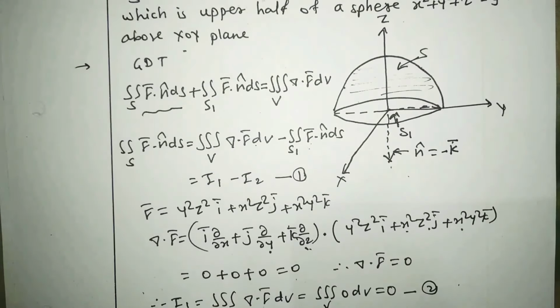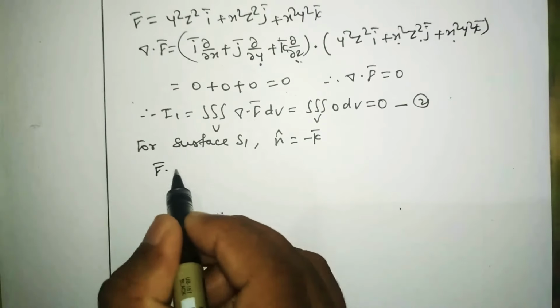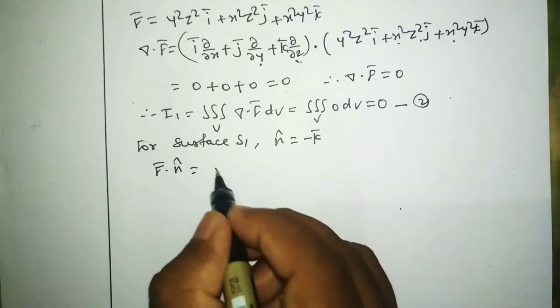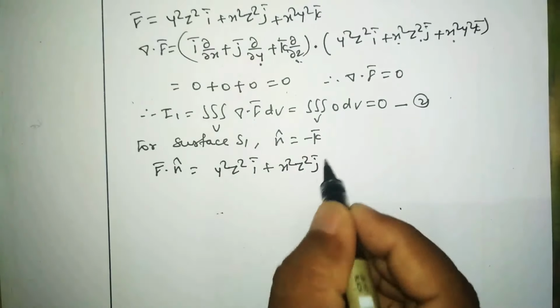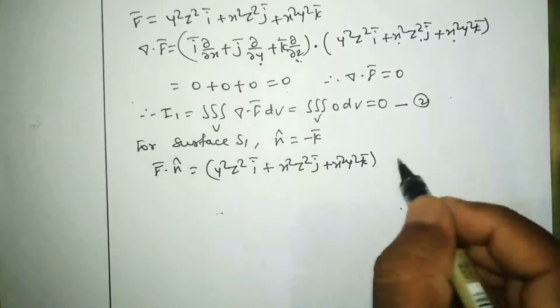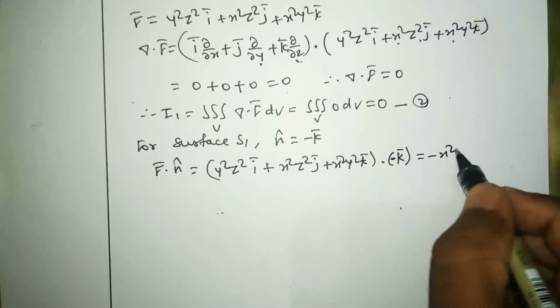So for the surface S1, n cap is equal to minus k bar. So the value of f bar dot n cap is equal to y square z square i bar plus x square z square j bar plus x square y square k bar dot with minus k bar, that you will get minus x square y square.